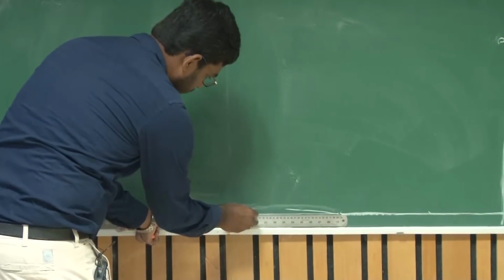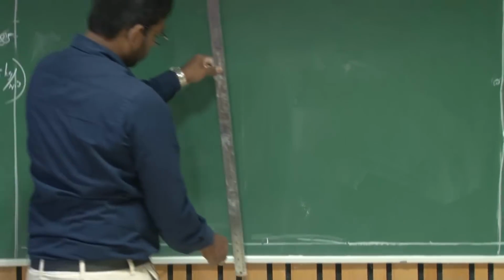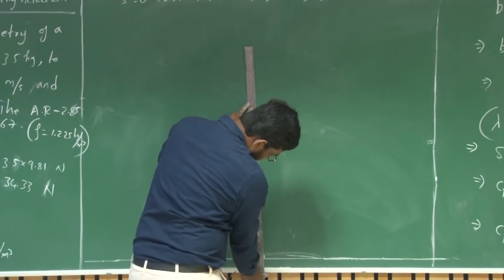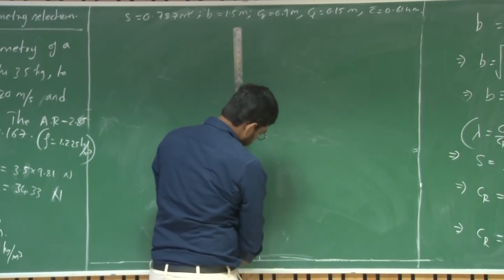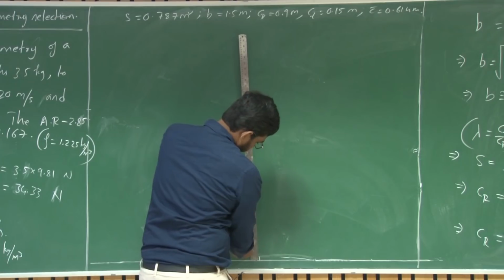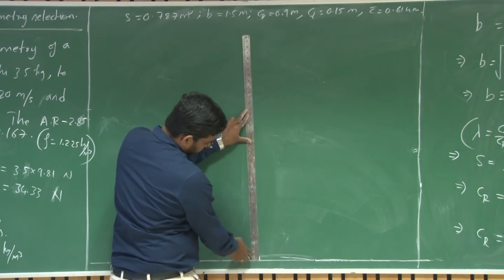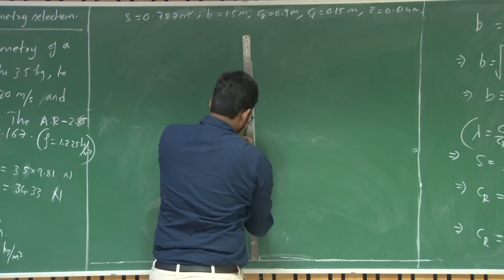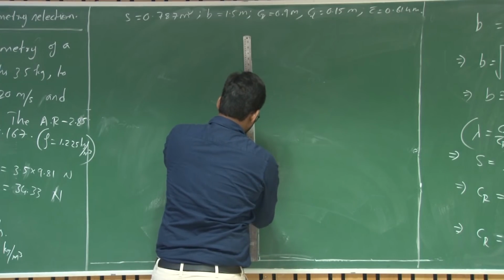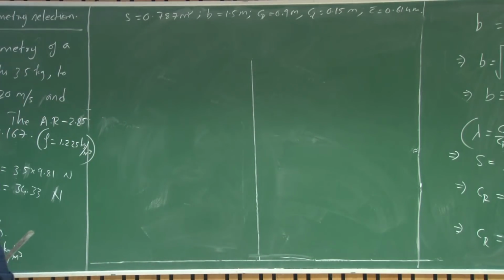At 0.75. So this is your 0.75 of it. The overall span is 1.5 meters, 0.75, and I have Cr as 0.9. So assuming this line is horizontal, and I made this face perpendicular to it, this is my root chord, right.